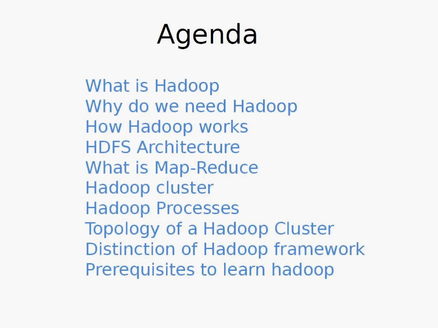We will explain these things in the coming slides in much more depth. Next is Hadoop cluster, then Hadoop processes, topology of a Hadoop cluster, distinction of Hadoop framework, and prerequisites to learn Hadoop.